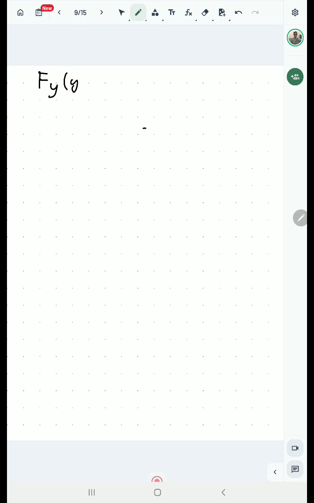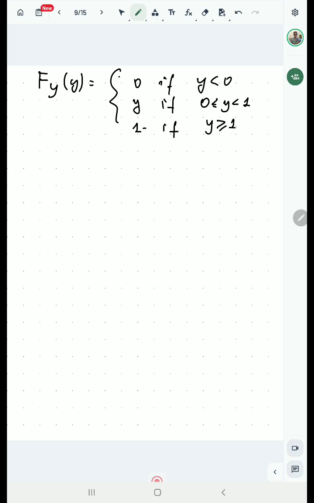Fy of y is equal to 0 if y is less than 0. It's equal to y itself if y is between 0 and 1, and equal to 1 if y is greater than or equal to 1. If this is the case, then I can say that fy of y is equal to the derivative of the CDF, and that is going to be equal to what?